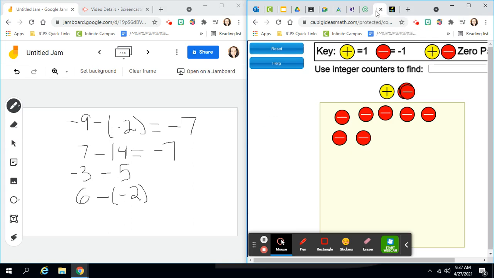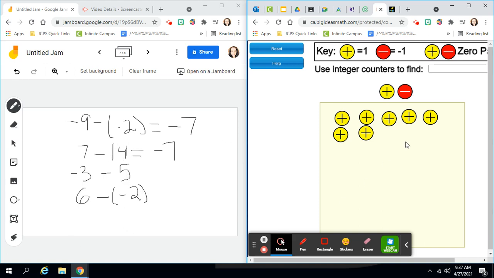And let's check out my integer chips to try this out. So I need to start with 7 positives. And this time we have to take away 14 positives.